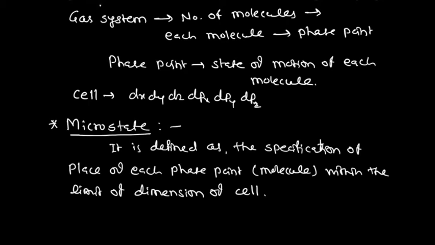That means every microstate is represented by the actual position of a phase point within the limit of the dimension of the cell.